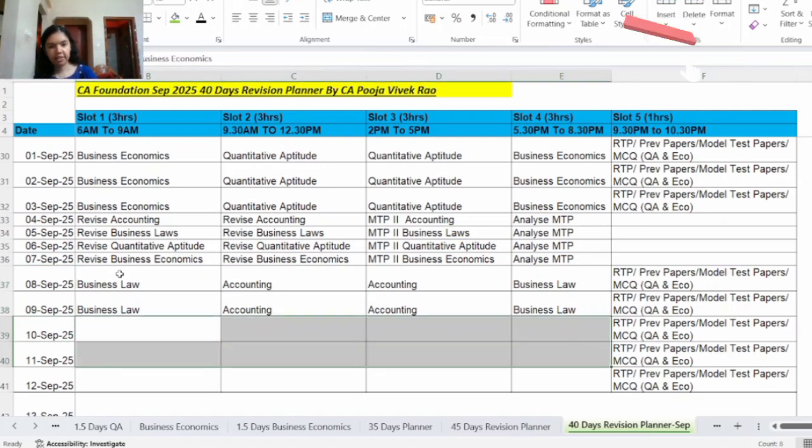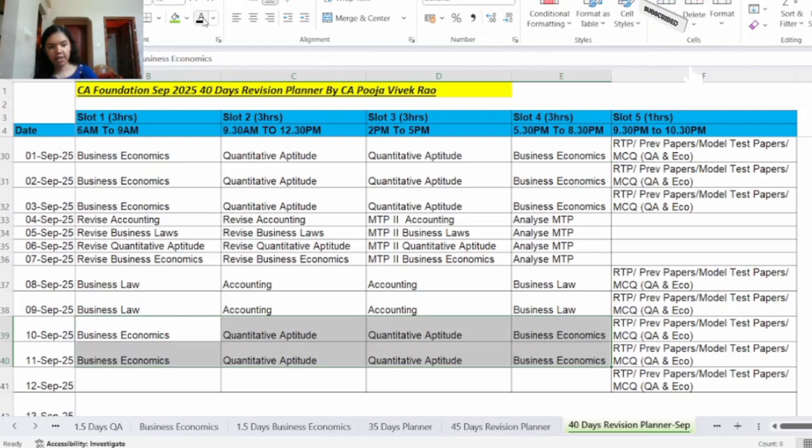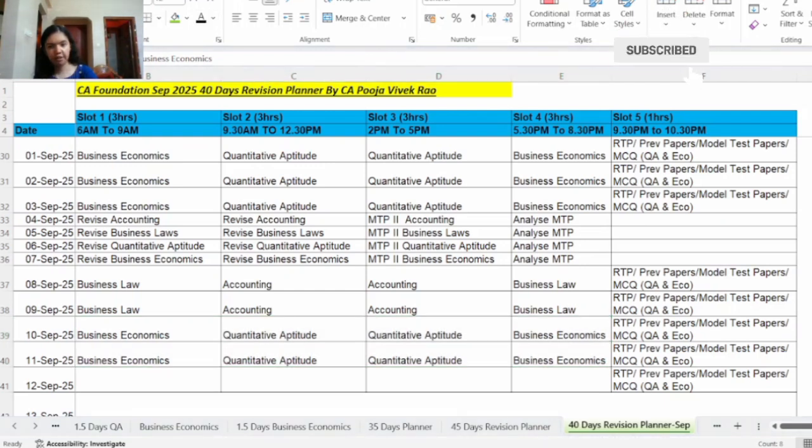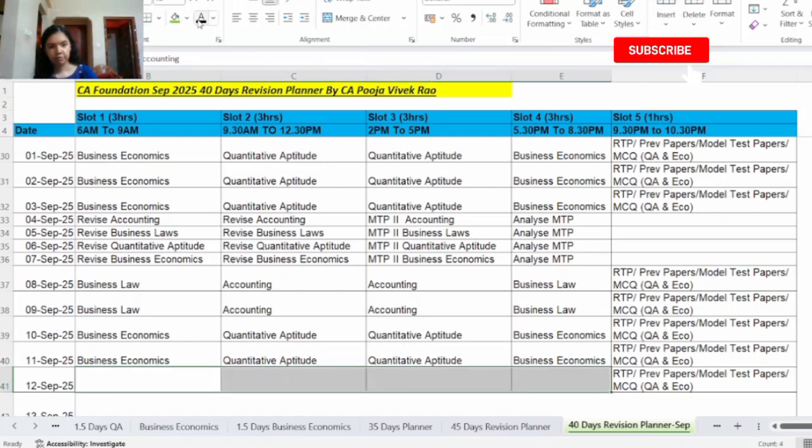Then on 10th and 11th September, here you will revise business economics and quantitative aptitude. So in slot 1 and 4, you will revise business economics, and in slot 2 and 3, you will revise quantitative aptitude.